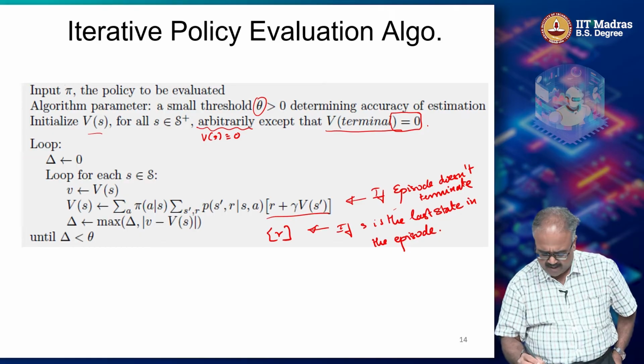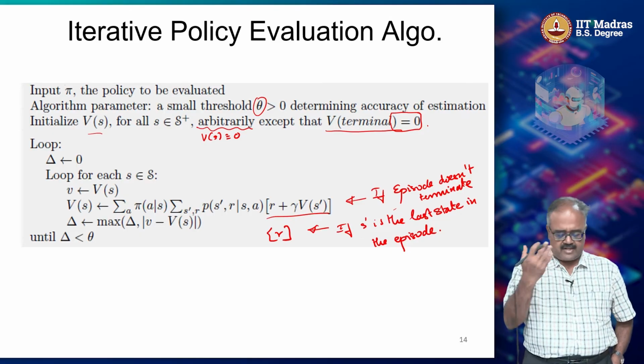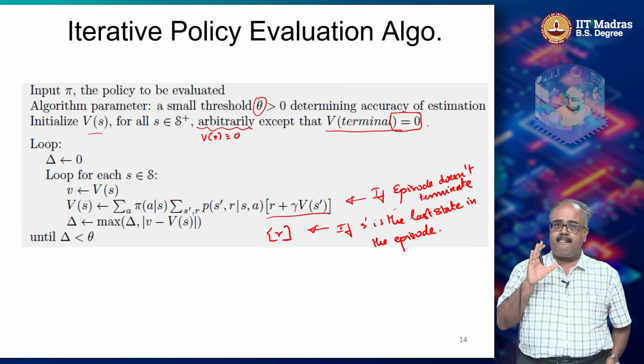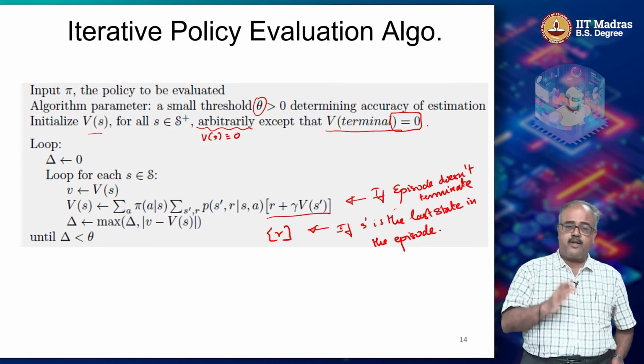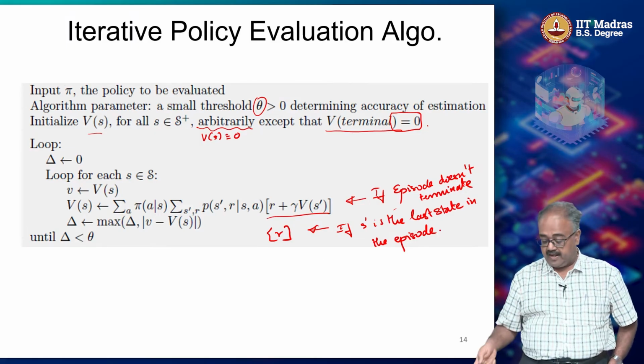Or if S prime is the last state in the episode, then you don't use V of S prime in your update. It should just be R.